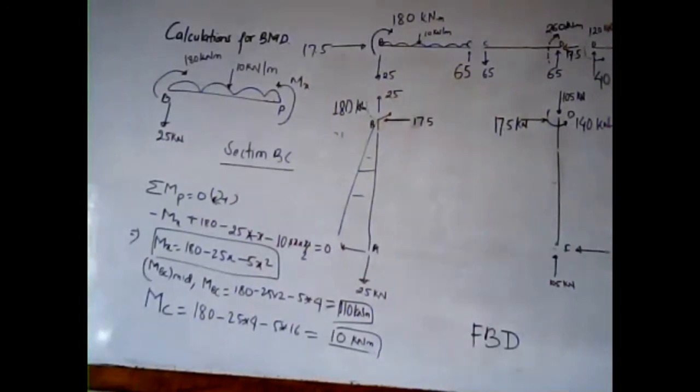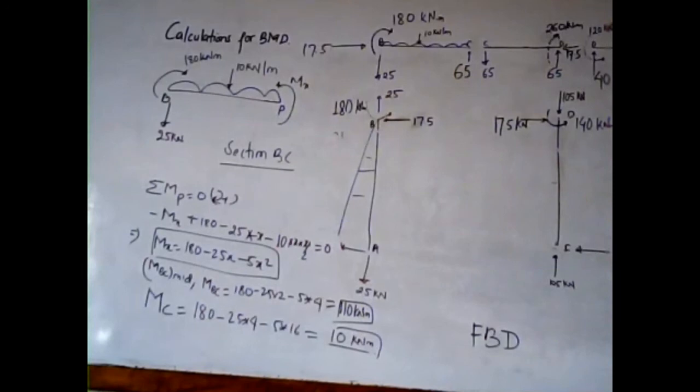So we apply the summation of moment at point P equals 0, taking clockwise as positive: minus Mx plus 180 minus 25 into x minus 10 into x by 2 equals 0. Solving this, we get Mx equals 180 minus 25x minus 5x to the power 2. So the moment in section BC at the midpoint, x equals 2, when we substitute, we get the moment at the BC mid section as 110 kilonewton meter.